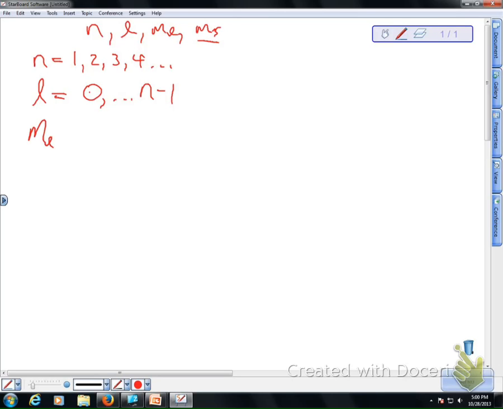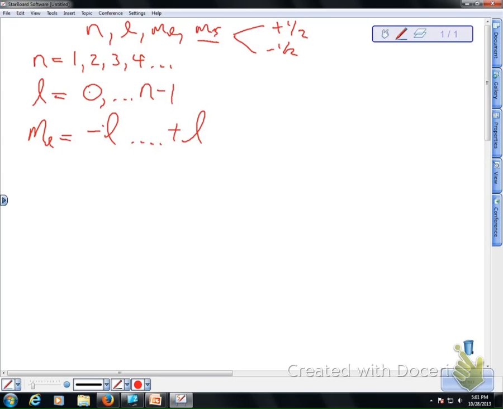And then m sub l can be, for any value of l, negative l up to positive l. And then we're going to pretty much ignore the spin quantum number because I've already told you that it's going to either be 1/2 or negative 1/2. So we're just going to put it to the back right now. We'll get it later.